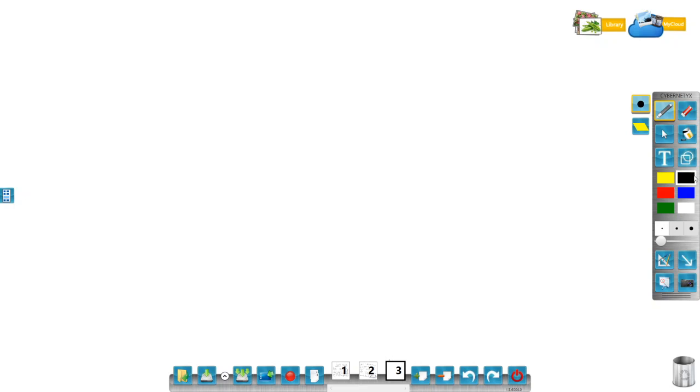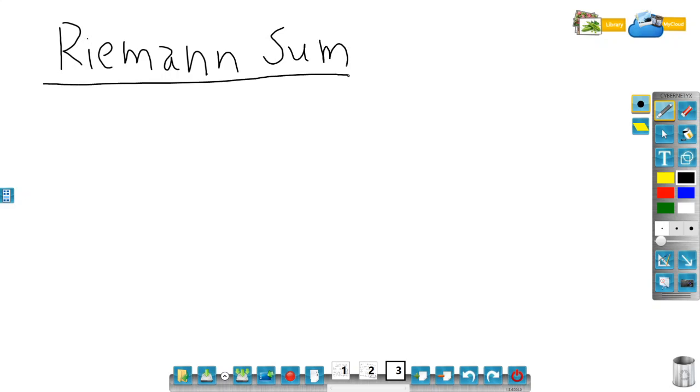the Riemann sum. The Riemann sum for two variables we have defined. I don't know whether we have defined it for one variable. If we have defined it, then fine. If not, let me define it here.